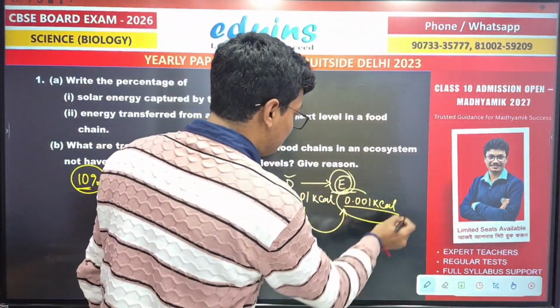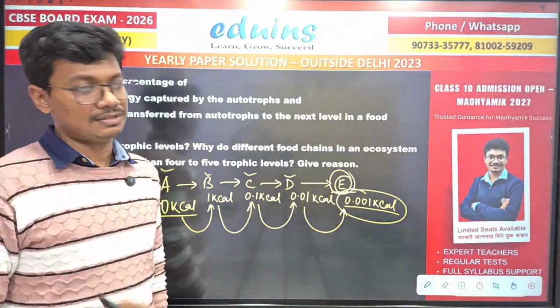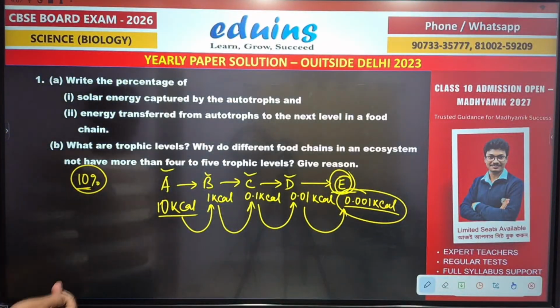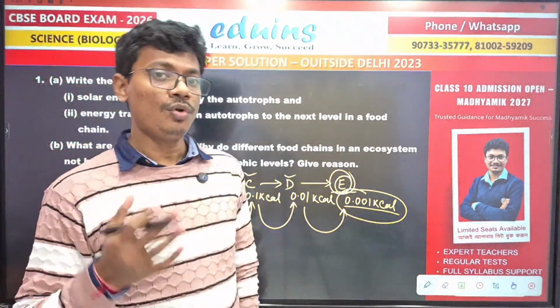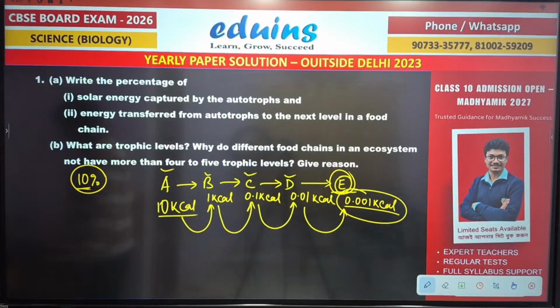So the amount of energy will be very little, so an ecosystem does not have more than 4 to 5 trophic levels. Okay, so I hope you understand why an ecosystem does not have more than 4 to 5 trophic levels.